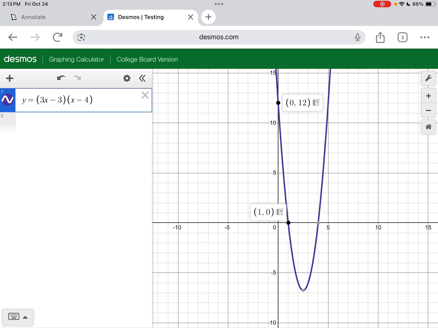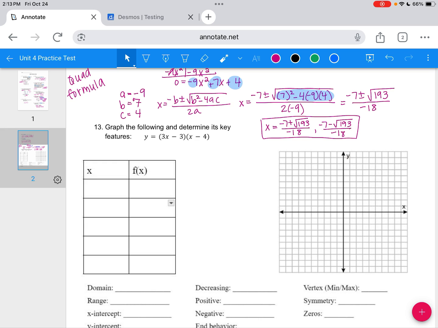We got a y-intercept up here, sorry, not a vertex. We have x-intercepts and we have our vertex. So I'm going to put those 4 points down. So 1, 0; 0, 12; 4, 0; and 2.5, negative 6.75.